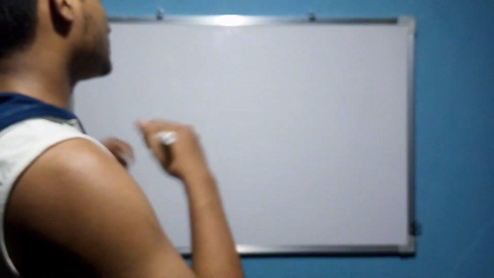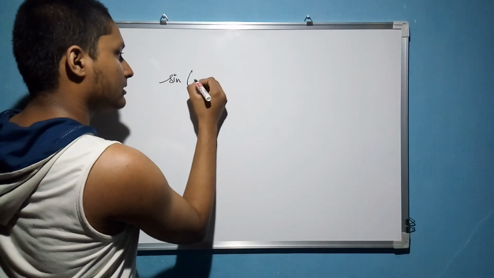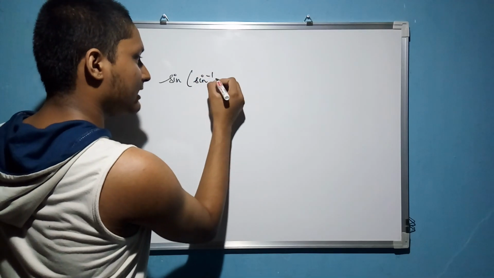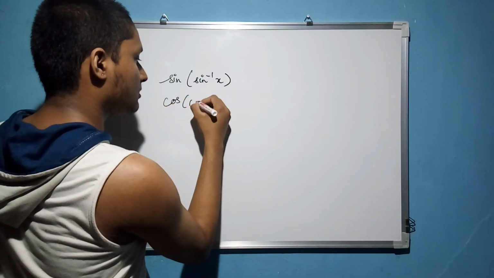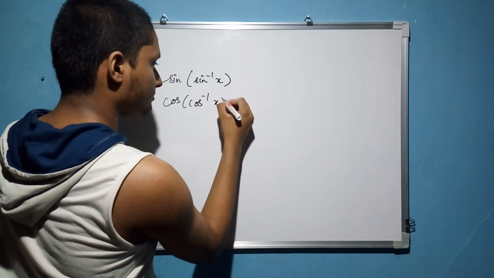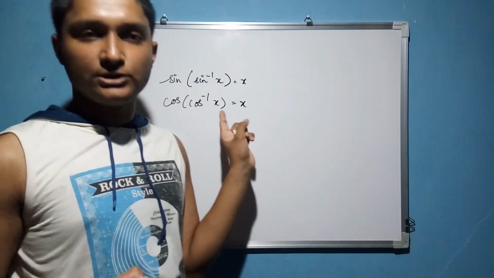Just by understanding all those things, I can tell that sine of sine inverse x, or cos of cos inverse x, is equal to x, because these are inverse functions.